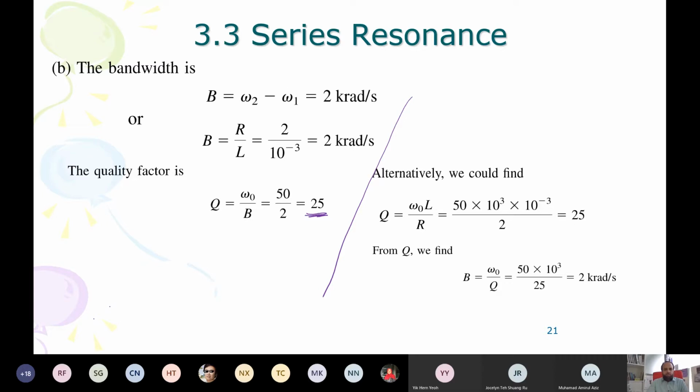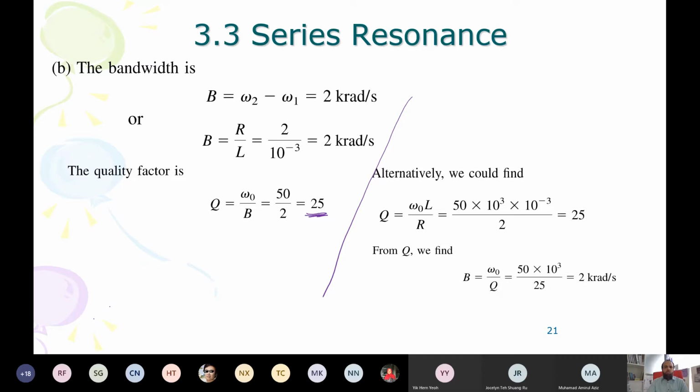So first finding the bandwidth and then finding the quality factor. Alternatively, you can find Q first, see if it is 25, then you can find omega 1, omega 2 very easily by finding B. You found out that this is 2 kiloradian per second.